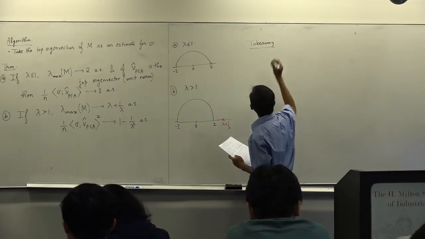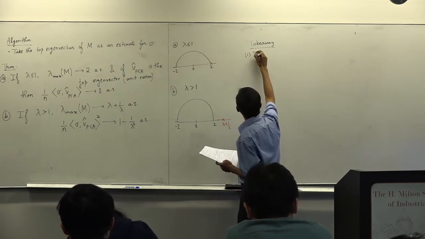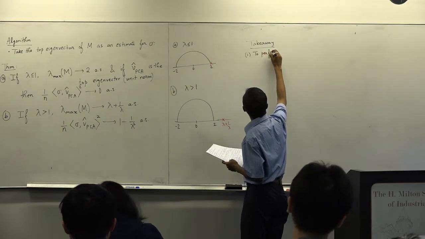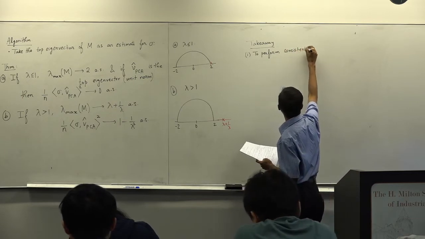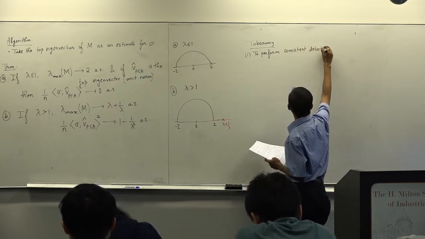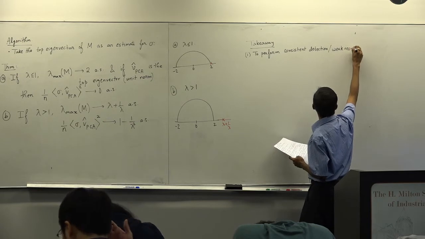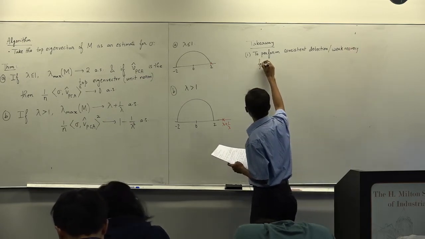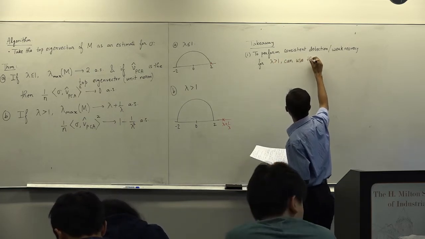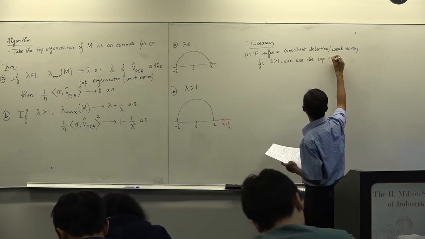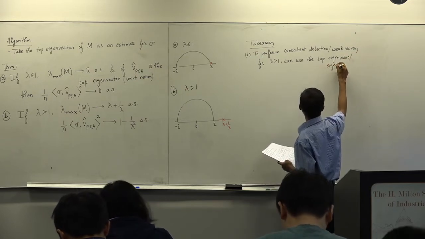The algorithmic takeaway is very simple: to perform consistent detection or weak recovery for any lambda bigger than 1, we can use the top eigenvalue or eigenvector, right?